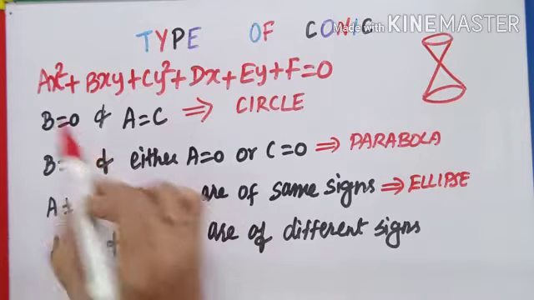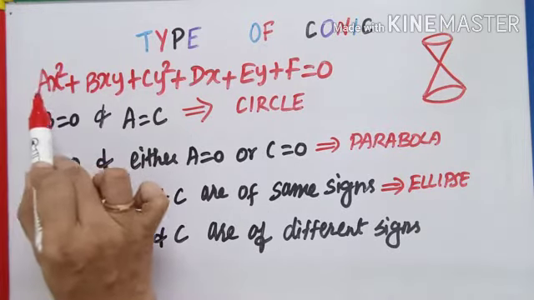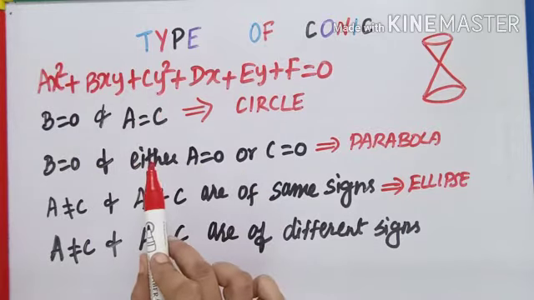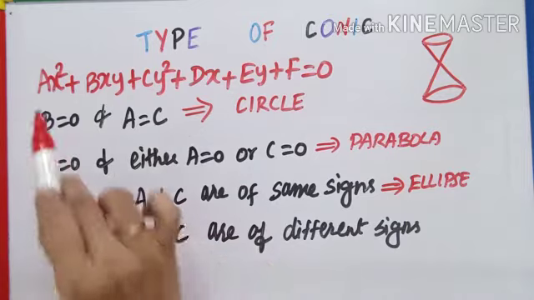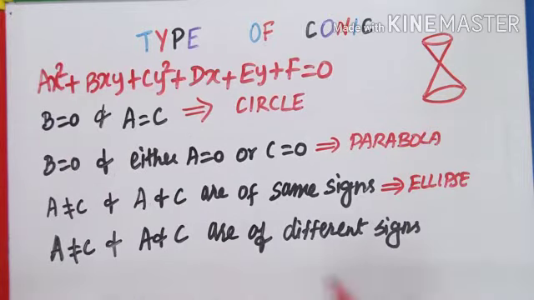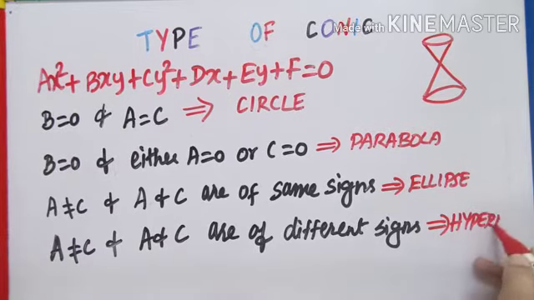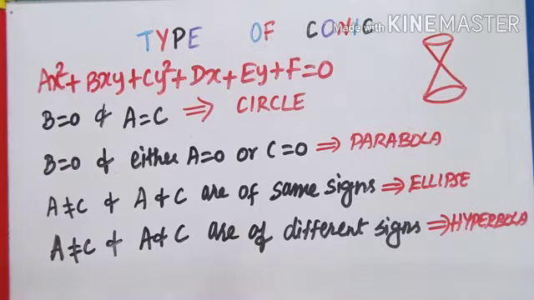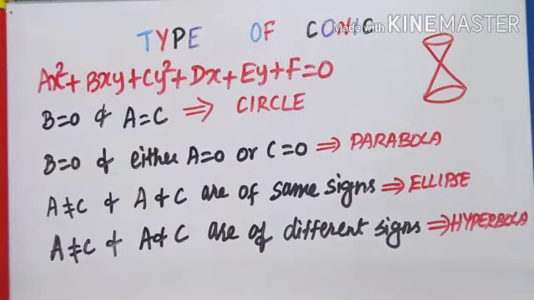And if they are of different signs, that is x square term positive, y square term negative, or y square term positive, x square term negative, we call this a hyperbola. So just looking at an equation, try to identify the type of conic.